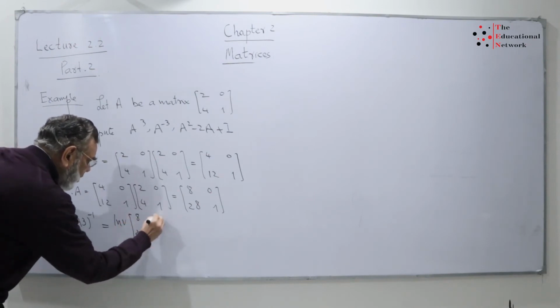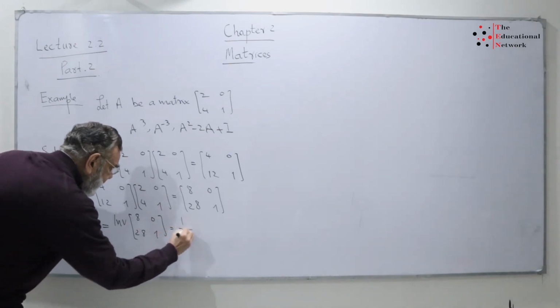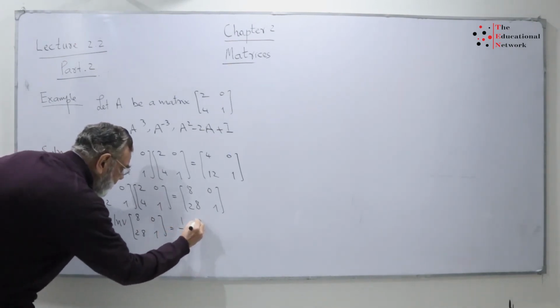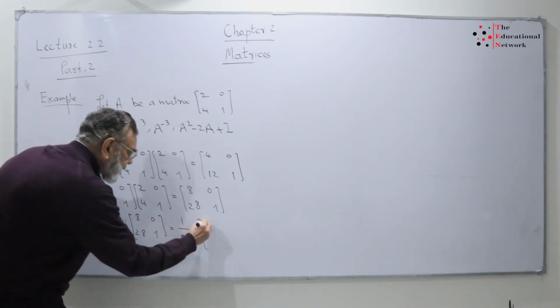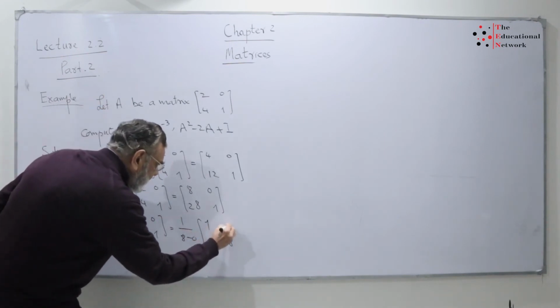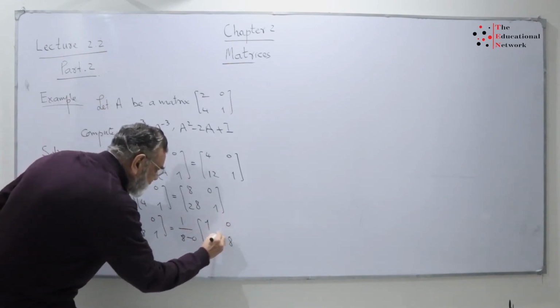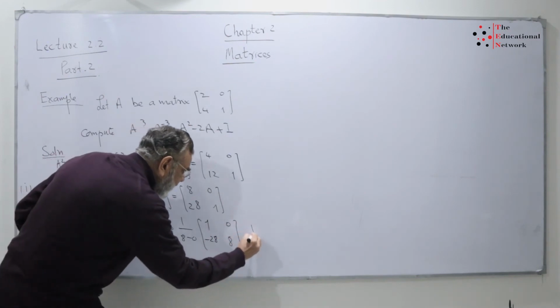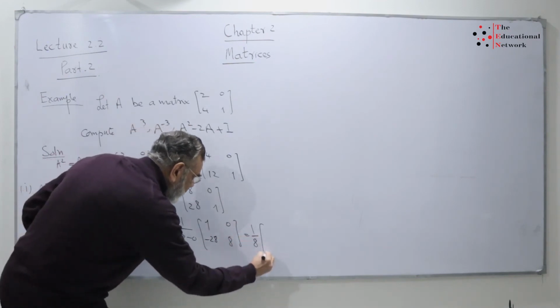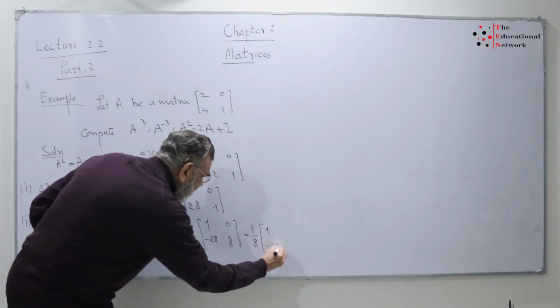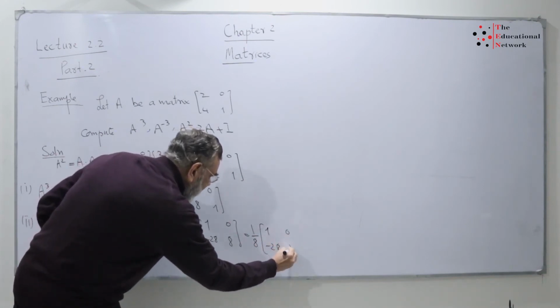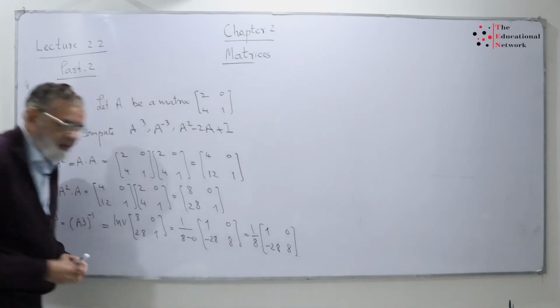This is my A cubed. So I get 1 over 8 minus 0. Interchange these two, we get 1 and 8. Multiply by minus, we get minus 28. So my result is 1 over 8 into 1, minus 28, 0 and 8. So this is the inverse of the matrix.